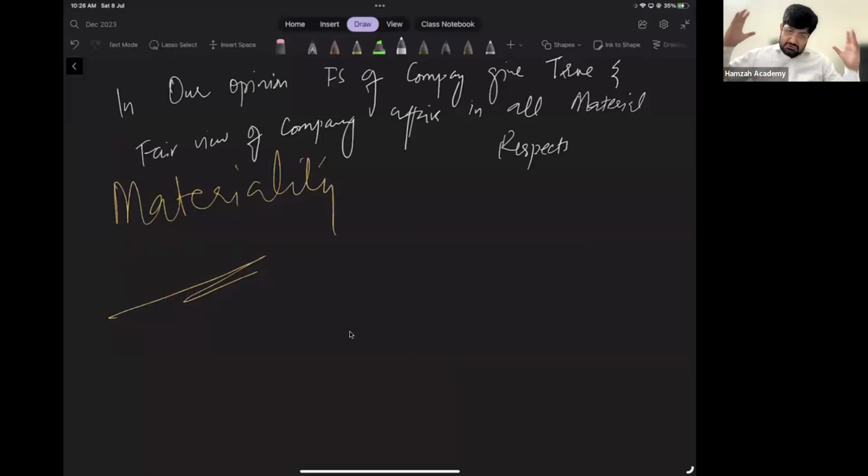Material means huge. Big difference. Pictures are photoshopped with filters. So pictures of this person do not give a true and fair view of this person.